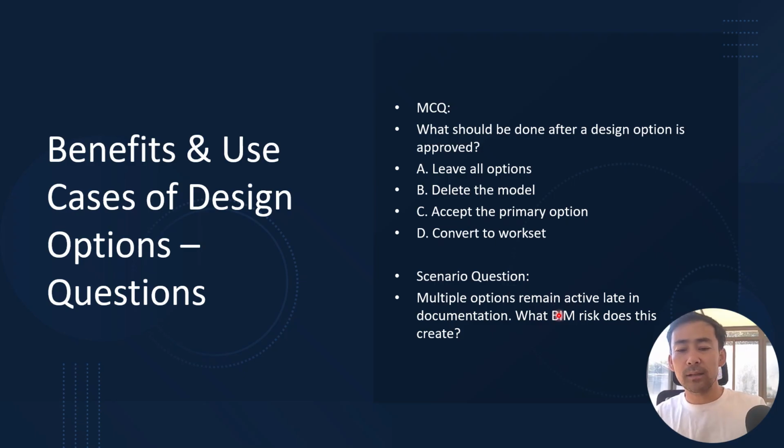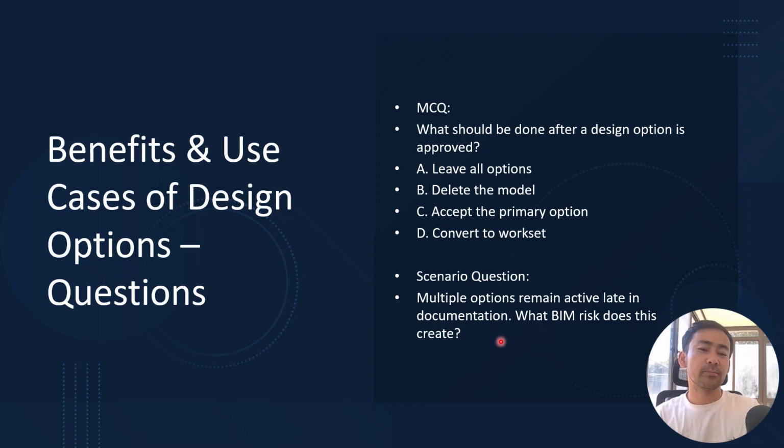Second question: multiple options remain active late in documentation. Which BIM risk does this create? If we have multiple options that remain active in documentation, then we might have a huge, complicated model.